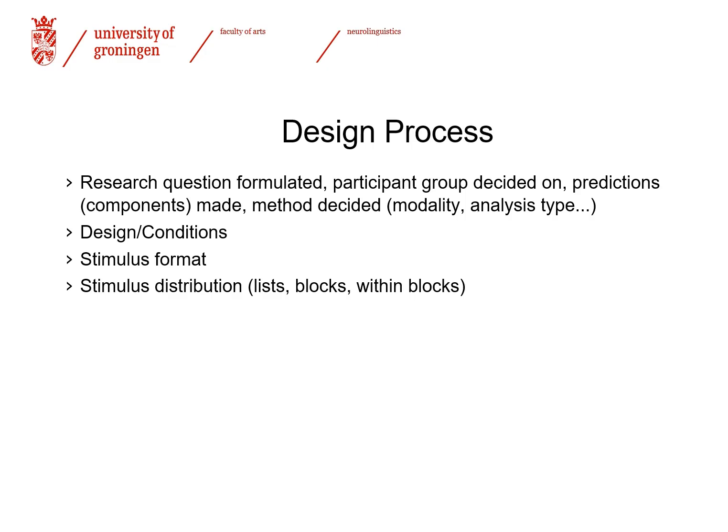And then after that, we can go into more finer details of deciding the exact design of the study, the conditions that we are going to use, what these conditions are going to consist of, the stimuli that we are going to use, and what the format of our stimuli is going to be, and also the distribution of our stimuli, how we are going to present these stimuli to whom. That is, how many stimuli each participant is going to see, if each participant is going to see all our stimuli, and so on and so forth.